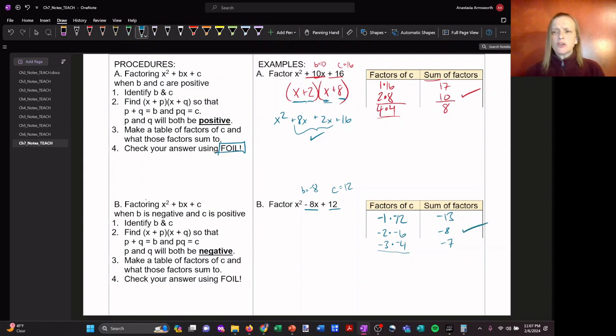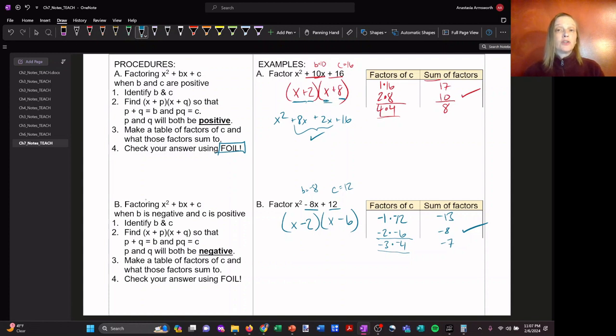The sum that checks out is negative 8. So these factors are the ones I'm going to use in my parentheses. I'm going to have x minus 2 times x minus 6.